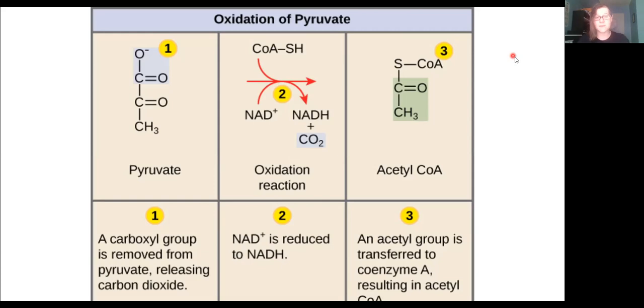I believe the enzyme here, which I don't have listed on this, is pyruvate dehydrogenase, another dehydrogenase enzyme, either that or it's a decarboxylase enzyme, because what this does is it actually removes a carboxyl group. And in this case, a carboxyl group is CO2, carbon dioxide. Hey, I wonder what happens to CO2 in the body. Well, it's a gas. We know gases can diffuse through cell membranes.